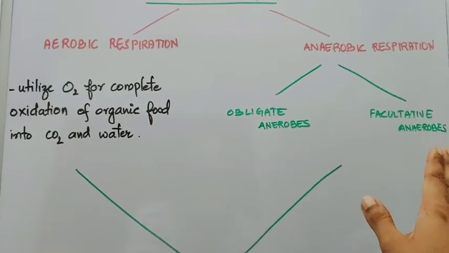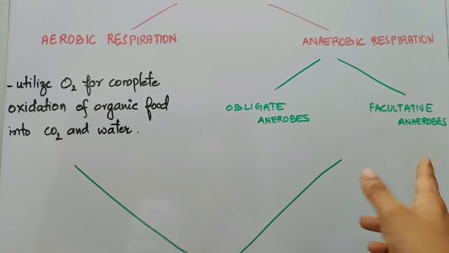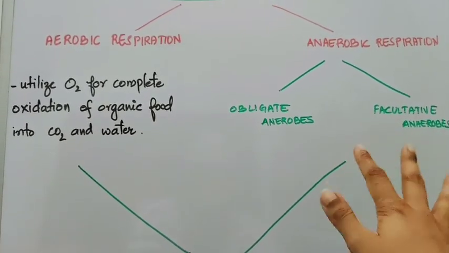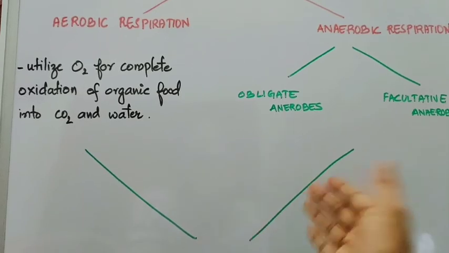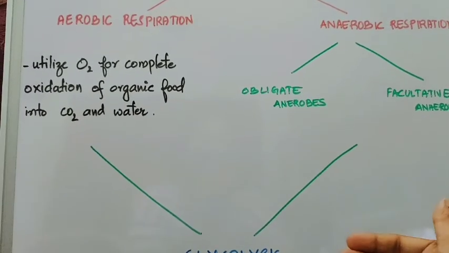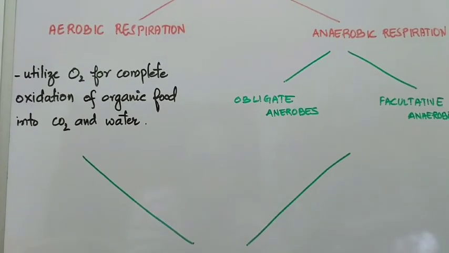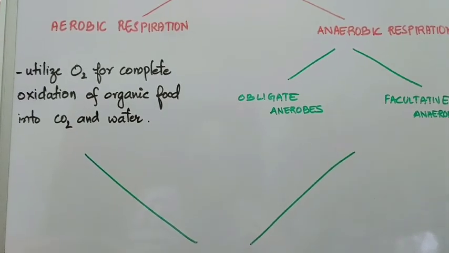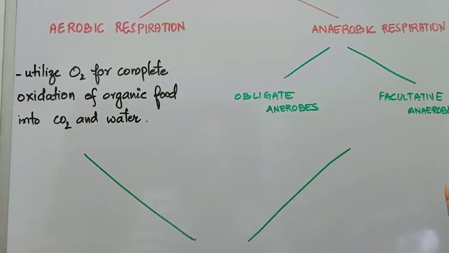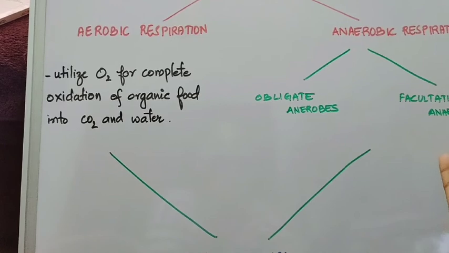Whereas facultative anaerobes depend upon the environmental condition. If oxygen is there, using oxygen they will conduct the breakdown of food. If it is not there, they will do whatever is necessary without the presence of oxygen. So, obligate and facultative anaerobes.